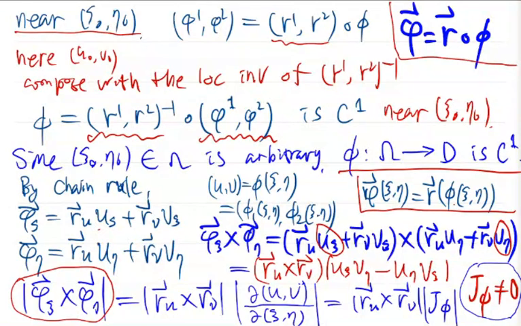So in conclusion, we have constructed a map phi from omega to D. This is a bijective map, C1, and its inverse is also C1. So this is a diffeomorphism, or a change of variable. So we can apply the change of variable formula to conclude our proof.